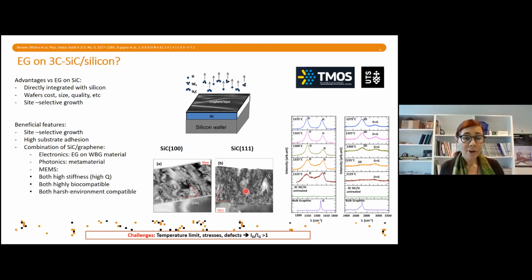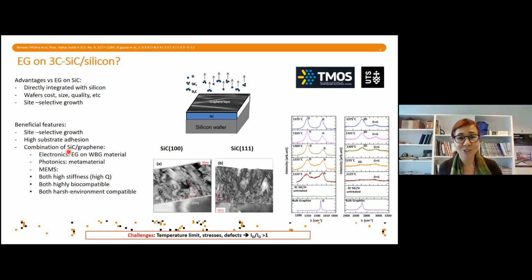However, the push to get to that is the fact that if you had the capability of obtaining graphene on silicon carbide on silicon, not only would you have the silicon platform to work with, which is much easier and much more integratable with the rest of the silicon technologies, but you could also play with the selective growth that I'm going to show in a minute, as well as take maximum advantage of the easiness of constructing nanostructures made of this combination.